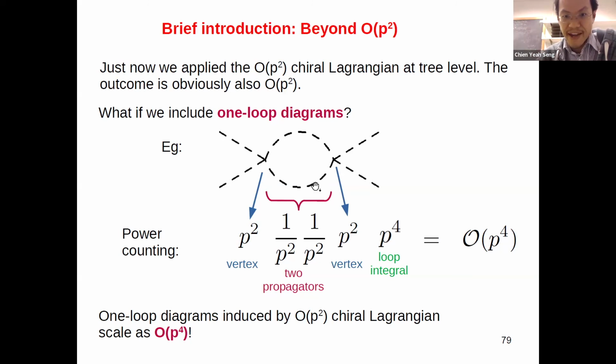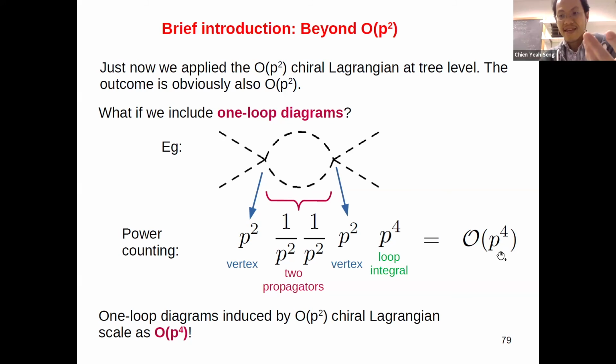So there are 2 propagators, so it's 1 over P^4. And then finally, you have an integration over the loop momentum, which gives you P to the power 4. If you multiply all of that, you'll find that a one loop diagram induced by the O(P^2) Lagrangian will be proportional to P^4.